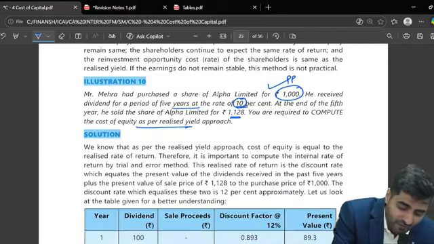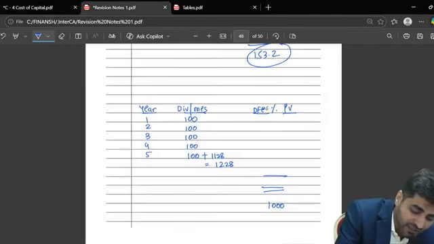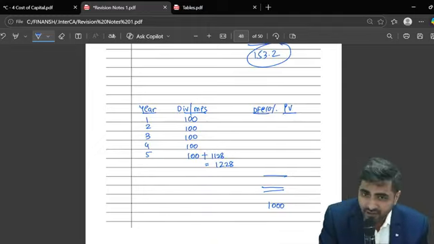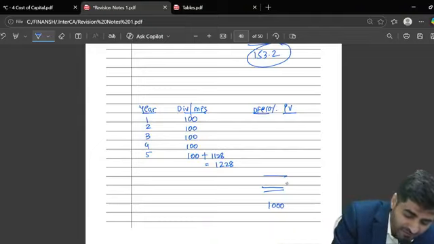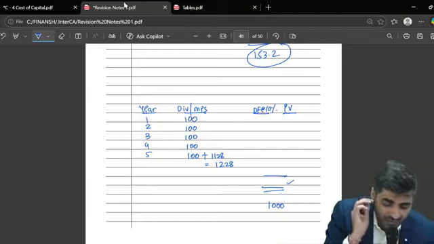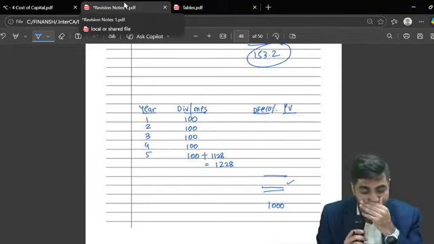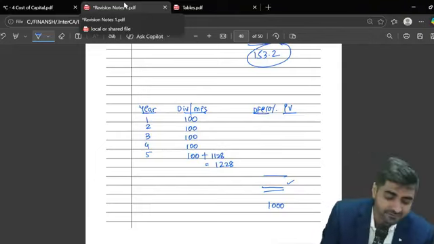But have they given you any discounting factor? No. So we will take first 10%, and we will check whether the price is coming 1000 or not. Okay. Can you please all give me the present value here at 10% rate? I want every one of you to solve this. Give me the price here.